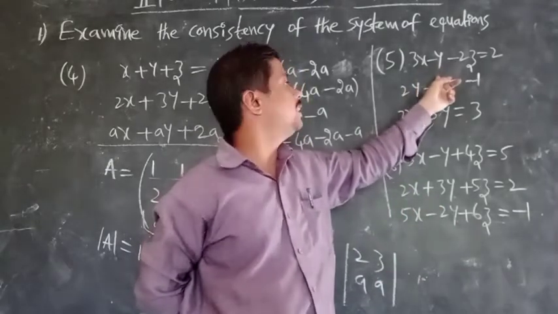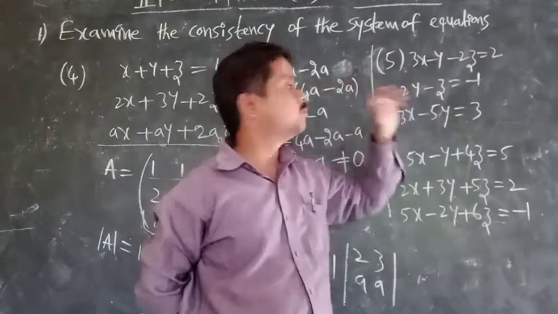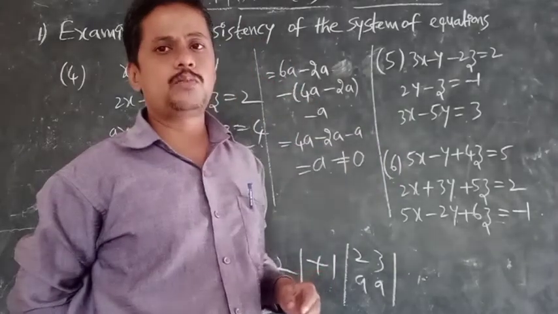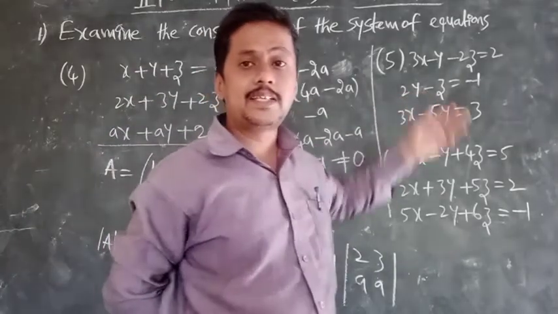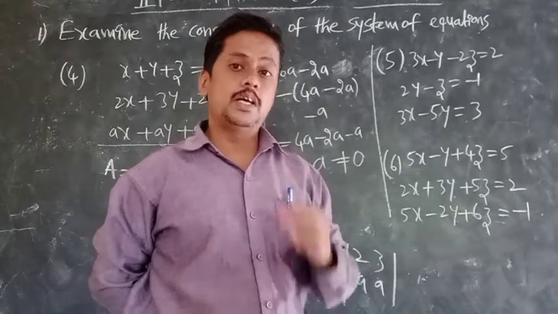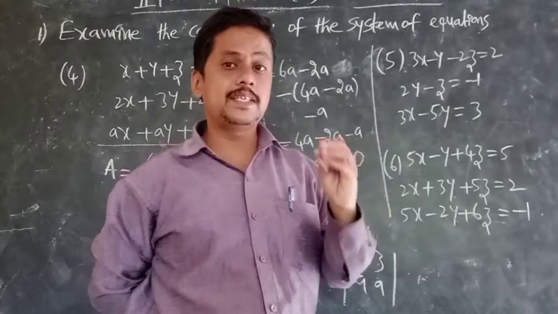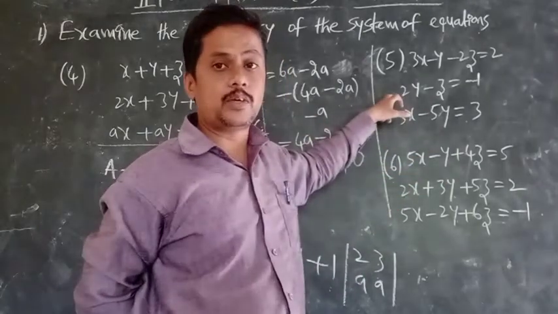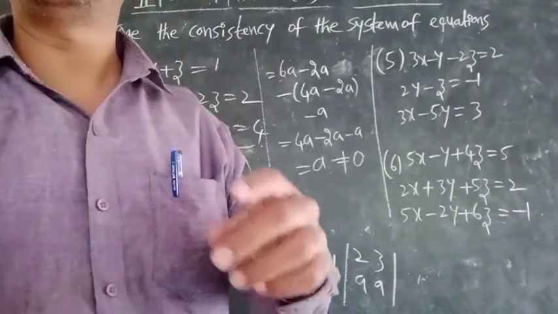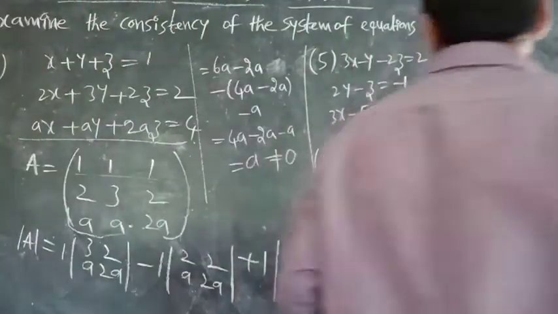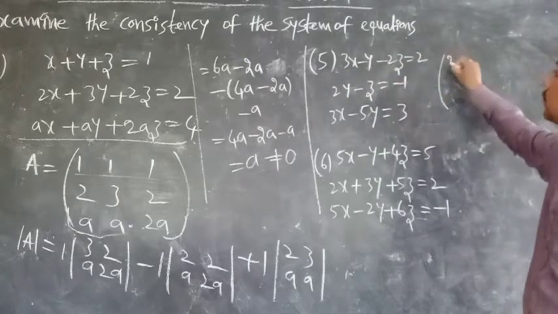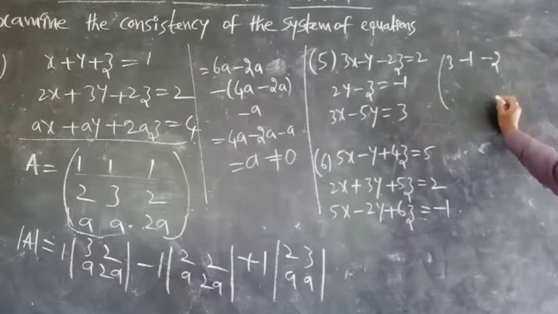3x minus y minus 2z is equal to 2. 2y minus z is equal to minus 1. Here some students feel difficulty. Why? Because there is no x in the second equation. In that type of case, consider x as 0, since x is not there. Let me tell you what the matrix is. The matrix is 3, minus 1, minus 2.